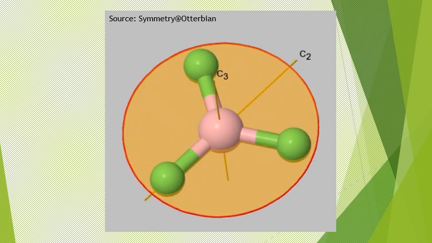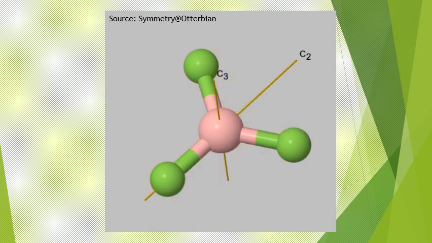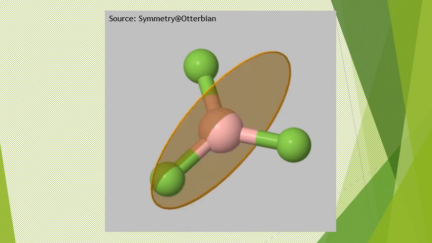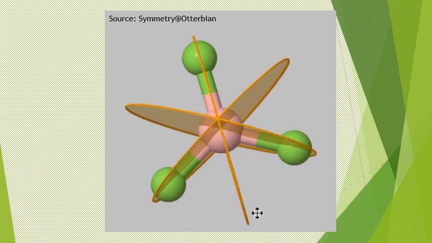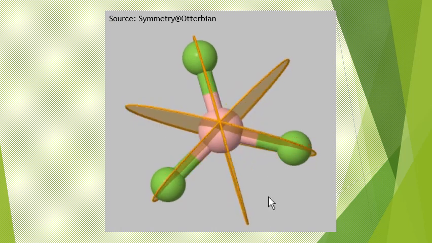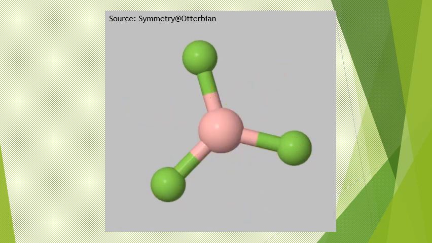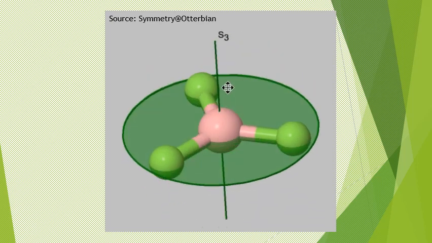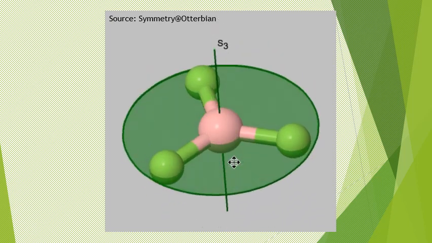But these minimum elements imply the presence of some other symmetry elements and operations. As you can see, there are three vertical planes along the BF bonds, so those also exist. And this C3 axis is even collinear with the S3 axis.